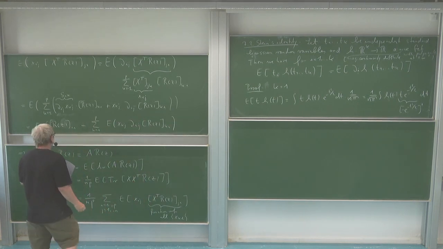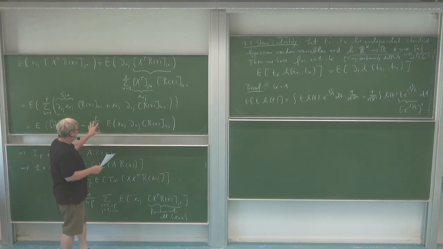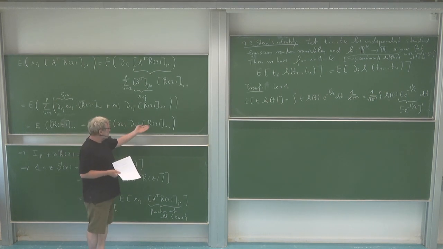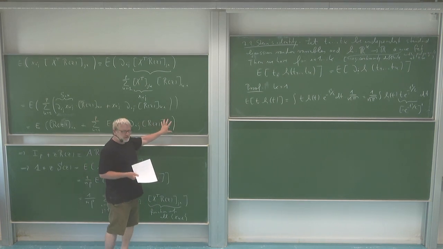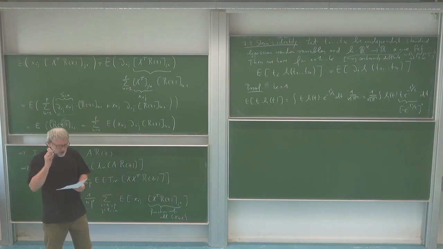Good. So that's what I get. So this term is easy, it's dealt with, and here I'm still left with this. And now you see what I need is that I have to take the derivative with respect to one of the x's of my resolvent. That's something which one can also calculate, and actually you are asked to do this in the assignment.